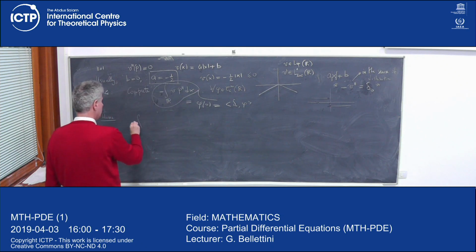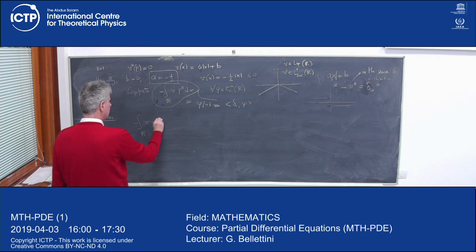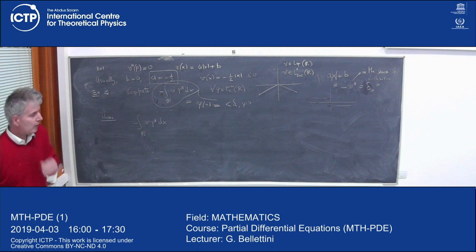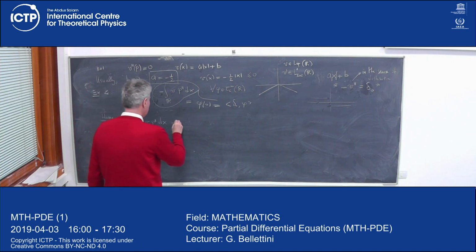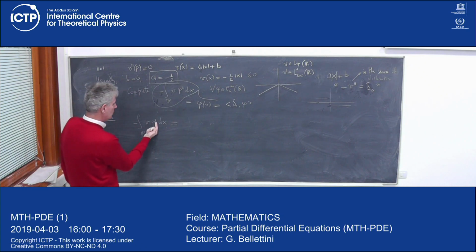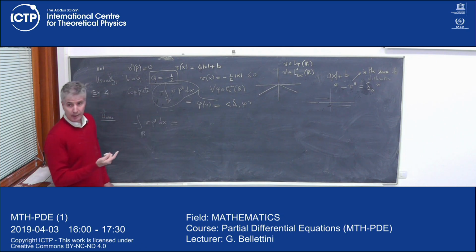So you start with this minus integral over R. We have already observed that. We integrate by parts. This is a Lebesgue integral, right?